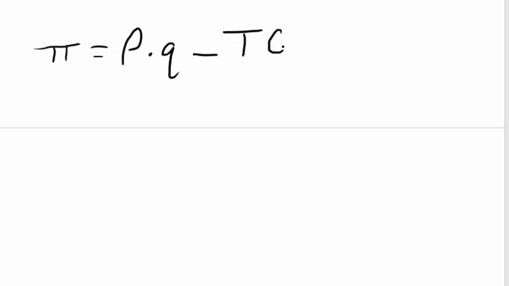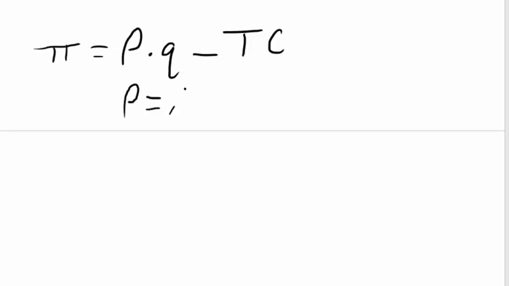Now let's say that we wanted to also find our profit and our producer surplus. Remember the formula for profit being price times quantity minus total cost. And remember how we also charge a price that is equal to our marginal cost. Marginal cost is the cost to produce one more of a good, and we're setting our price equal to that.